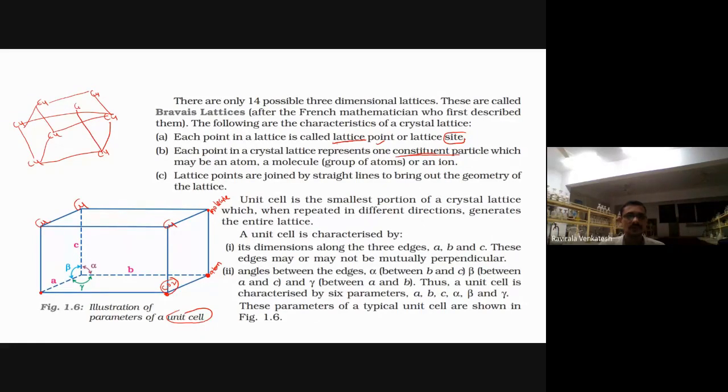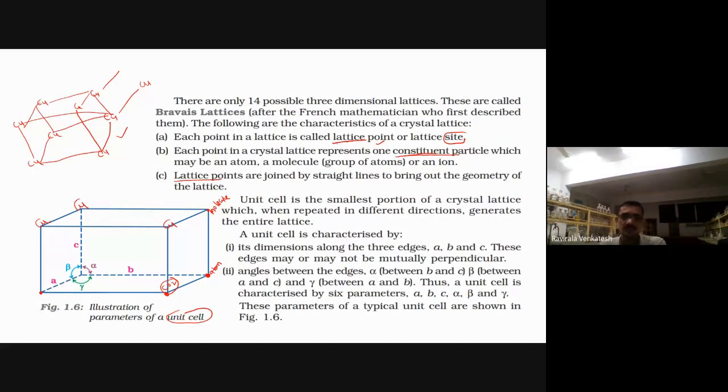Put a copper here and you will get a geometry like this. This geometry, for simplicity, you are calling a unit cell. If you join it together with another unit cell, you get the lattice. So, very simply, lattice points are joined by straight lines to bring out the geometry of the lattice.